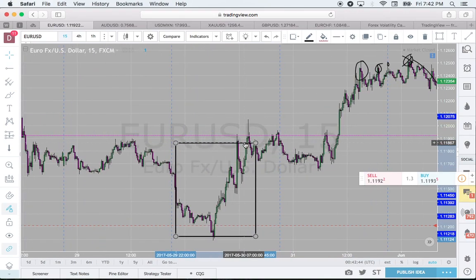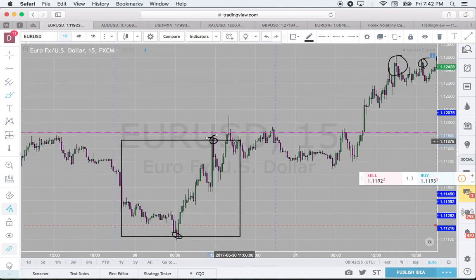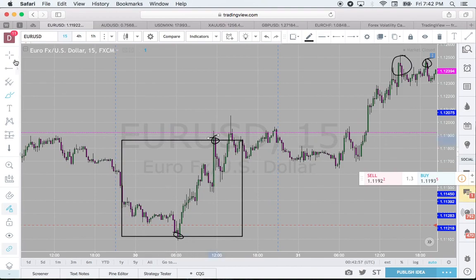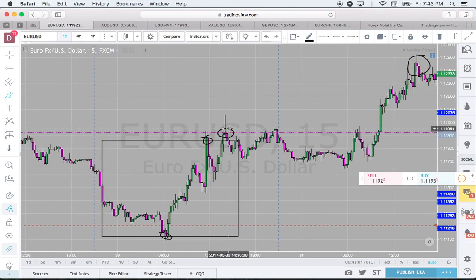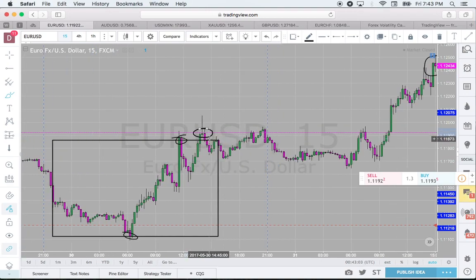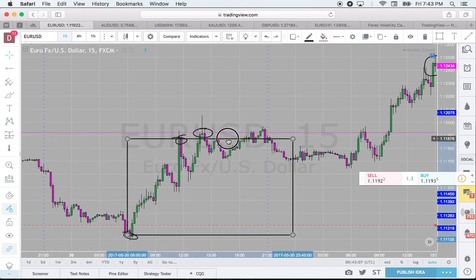Again, we can see the low and the high. The high was exceeding the average daily range, but it was not broken. The average daily range was not broken on the 15-minute chart.